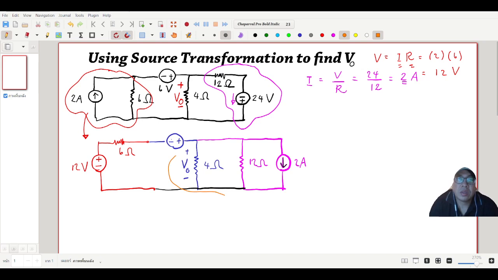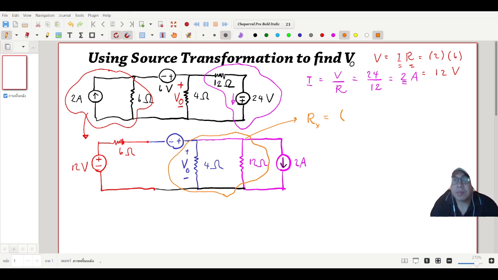We will try to rearrange the resistors. I will use Rx equal to the parallel combination.